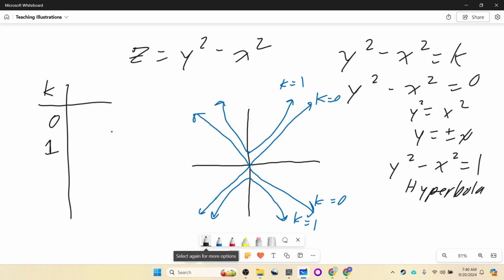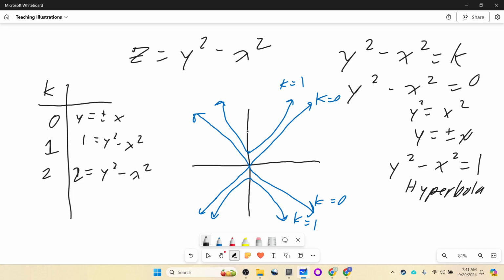And if we did 2, y squared minus x squared is 2. That just makes another one of these a little farther up. K equals 2.